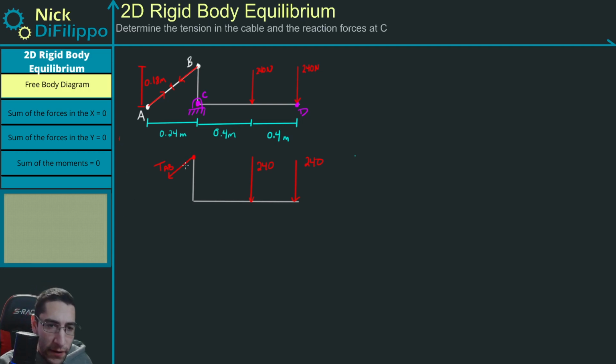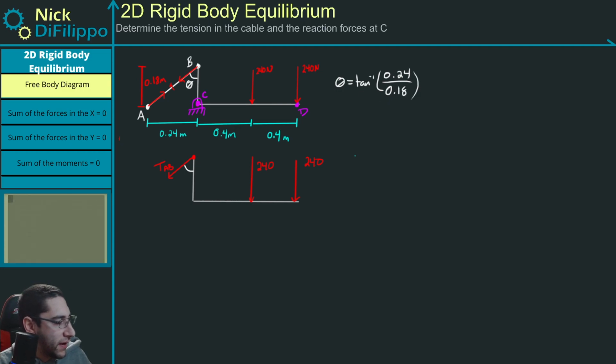We still want to figure out what this angle right here is. If we call this angle theta, then theta is going to be the inverse tangent of 0.24 divided by 0.18, this distance over this distance. We're just using right triangles.